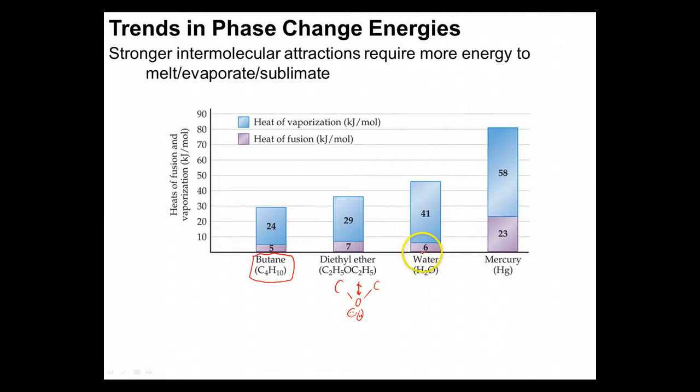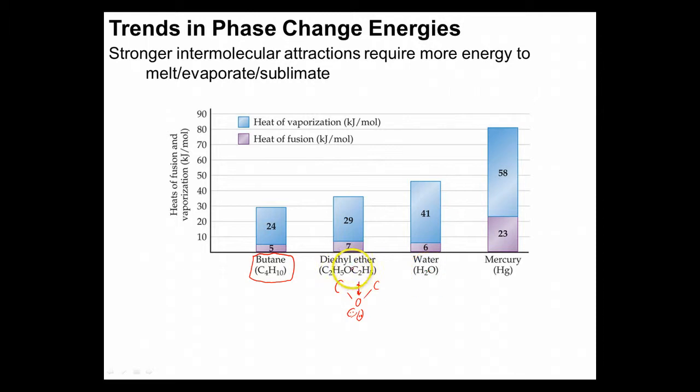Now you might say, well, wait a minute though, how come our enthalpy of fusion, the energy needed to melt it, in other words, get it away from its neighbor, overcome the stickiness, why is it smaller? And the answer to that is, don't forget, you can have more than one kind of stickiness. It's true that the water is more sticky in the sense that it has hydrogen bonding. But the diethyl ether also has an extra 12 atoms compared to the water.